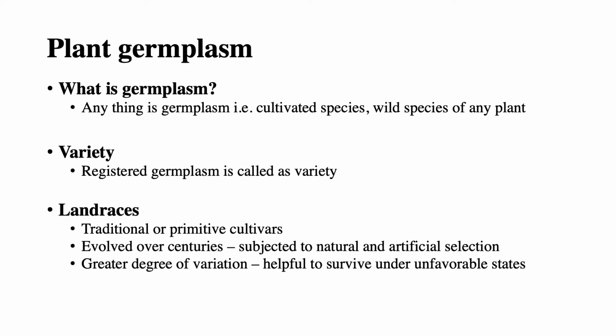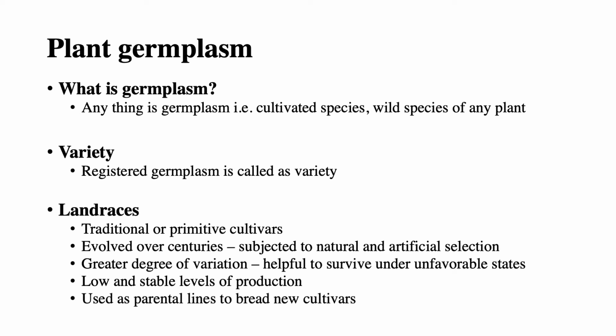In land races, there is a large diversity between and within these cultivars that are adapted to survive in often unfavorable conditions. These land races usually have a low but stable level of production and are therefore characteristic of subsistence agriculture. They have been frequently used as parental lines to breed new cultivars.